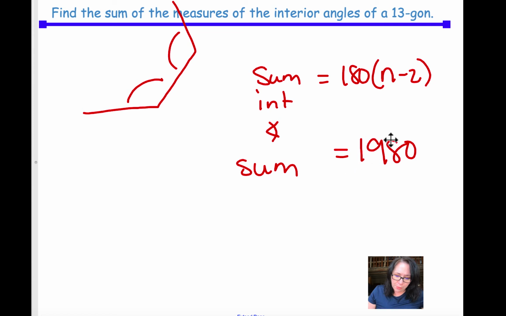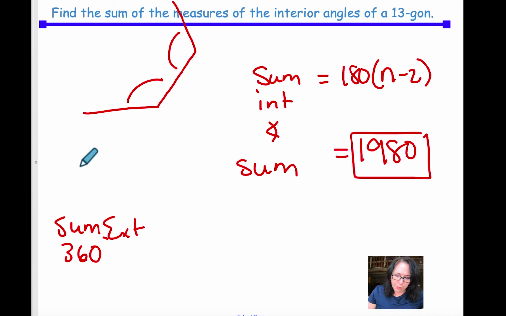Now, again, if I wanted to know the sum of the exterior angles, again, 360. So the sum of the exterior angles is 360, but the sum of the interior angles is 1980. And just for clarification, if this was a regular polygon, meaning all sides and all angles are congruent, I could take that 1980 and divide it by 13, and each one of my angles would be 152.3.